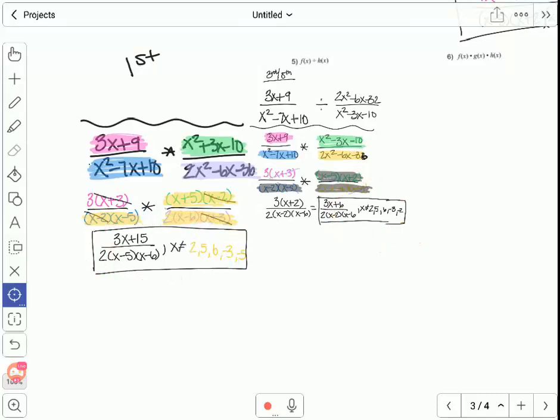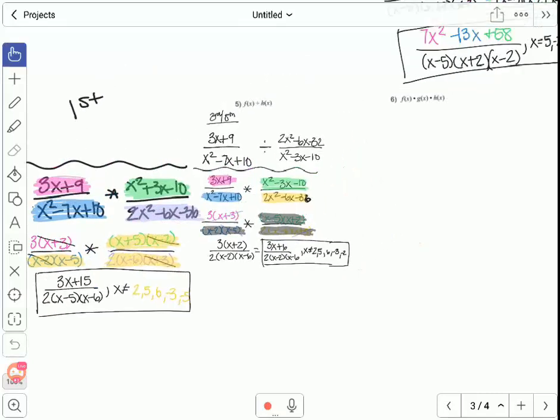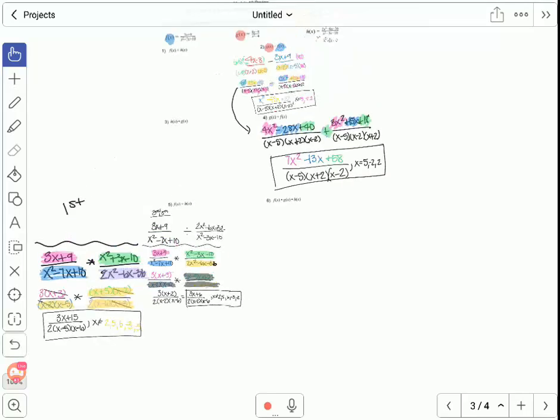Okay, so I've done, let's see, what have I done? I have done a subtraction, an addition, a division. Now I'm going to do a multiplication. So I'm going to do problem 6.